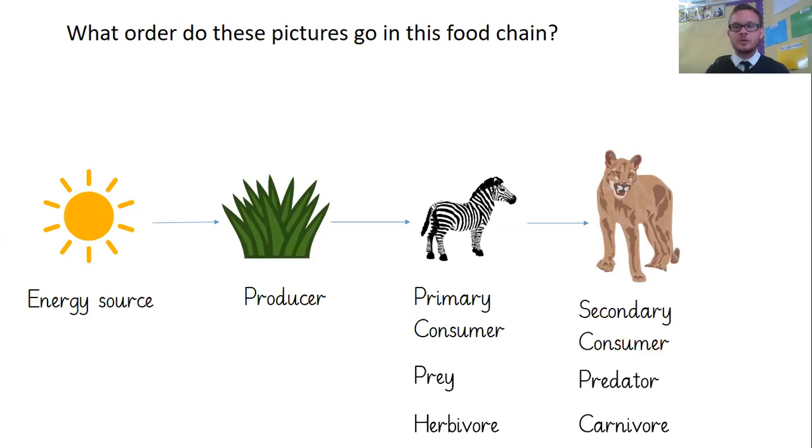Well done if you said omnivore. That is an animal which eats both vegetation and animals as well. Can you think of any other omnivores? Bears, orangutans. There's lots of other animals which also are omnivores as well.